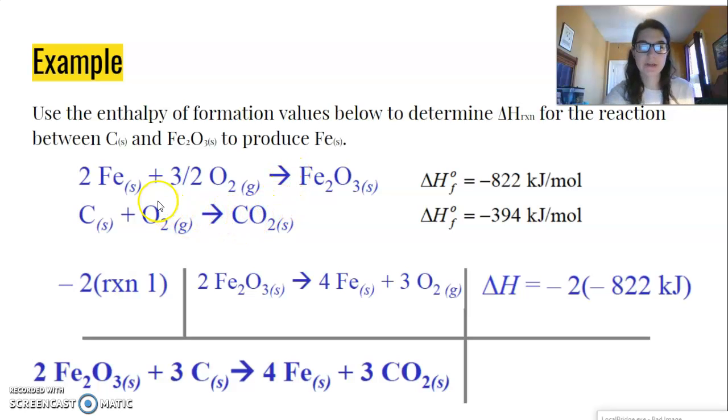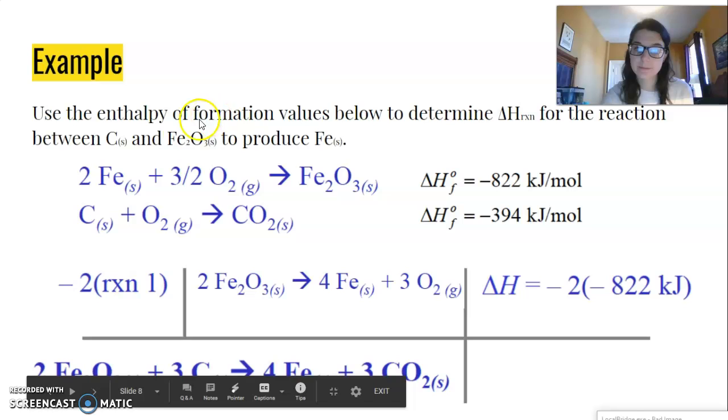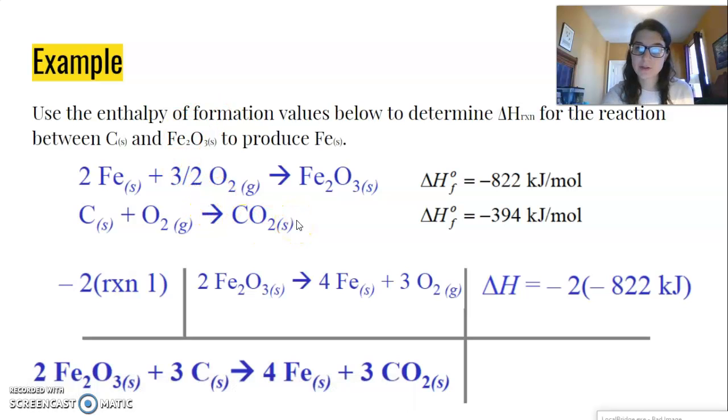The second reaction, I have carbon solid where I want it on the reactant side, and I have CO2 where I want it on the product side. I do not have O2 in my overall equation, so I'm definitely going to want to cancel that out. So I want to see, okay, will a 3 coefficient help me here? Because I have 3 coefficient for O2 here.